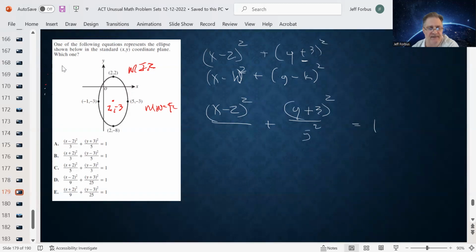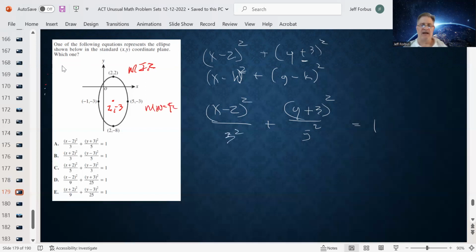Now, if we come back to the center and we count across our x-axis to either -1, -3, or to 5, -3. So from 2 to 5 is 3. So that's going to give us our x value of 3 squared.